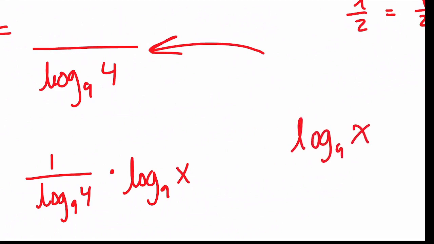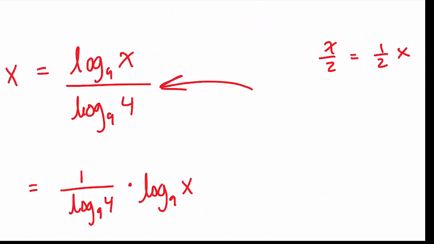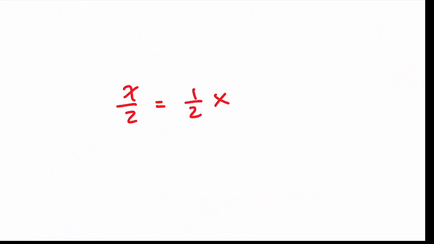Wait, so is log base 4 of x equal to 1? No. I guess I just want to see how they relate. Like you don't see how we get from here to here. No. But you're okay with this though? Yeah. Okay.